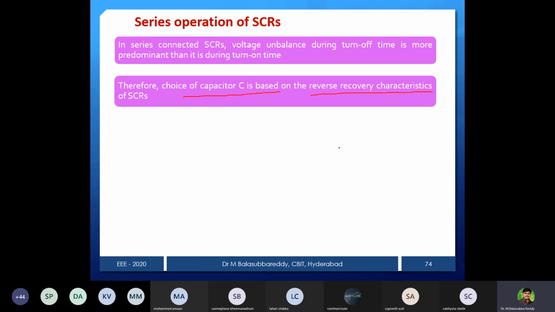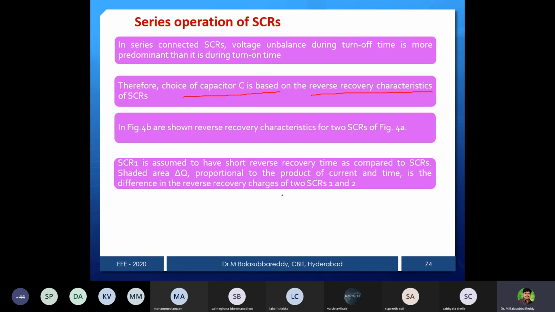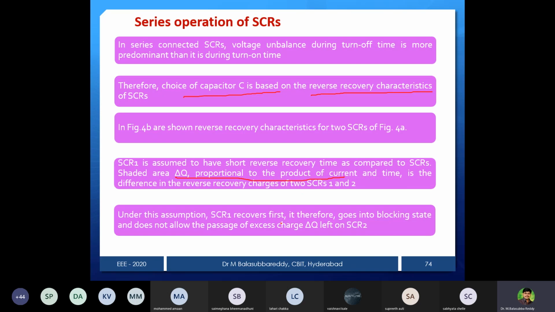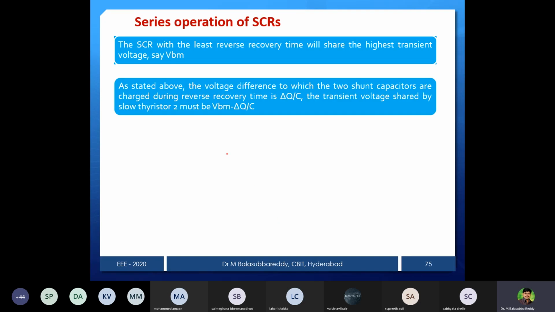That's what I just showed: turn off time of SCR1 is less than SCR2, that is reverse recovery characteristics. We can notice here delta Q is proportional to the product of current and time. And we can see what the value of C is. I will show you a small derivation here.